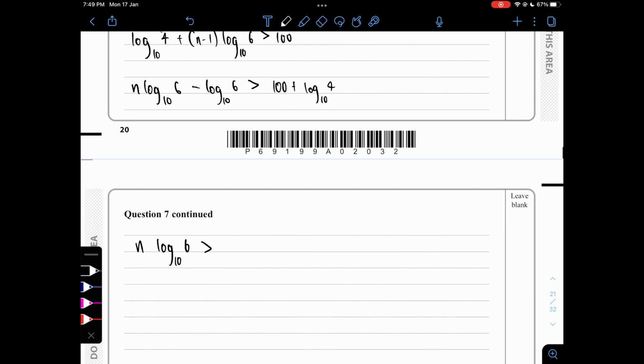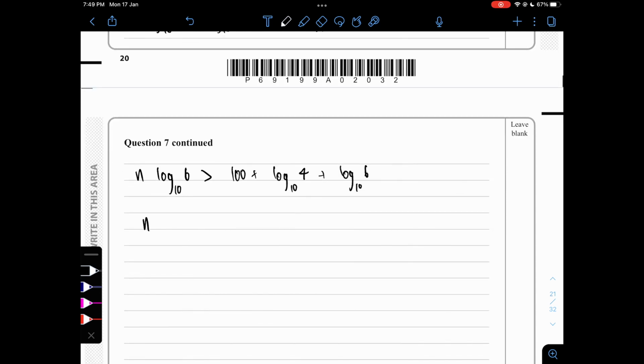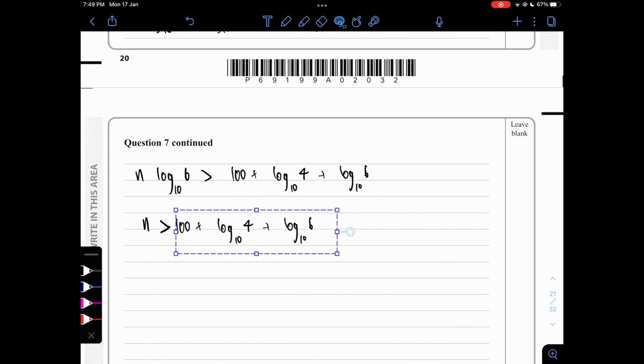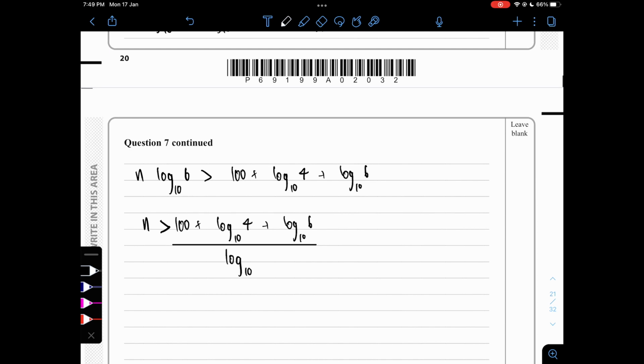So this is 100 plus log base 10 of 4 plus log base 10 of 6. So at the end, n is greater than this, over log base 10 of 6. I'm just going to copy and paste.